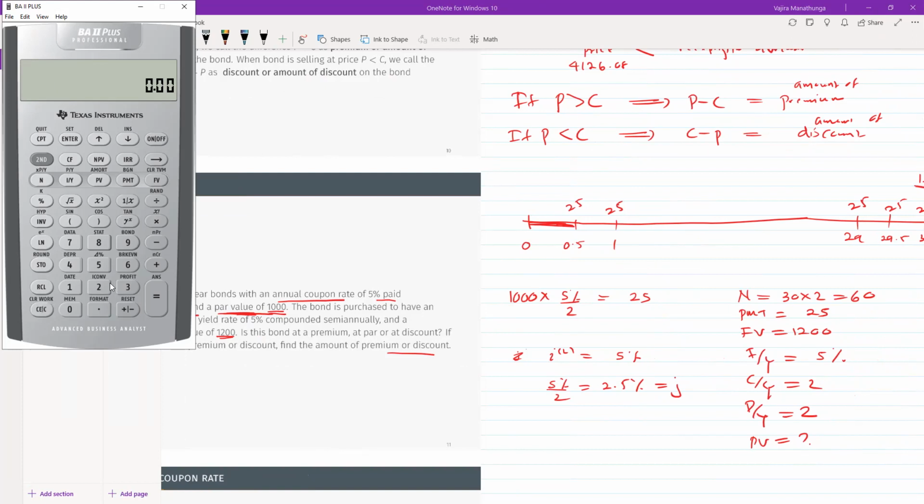So this one is 60 N, 25 for payment, 1,200 for future value, 5 for I/Y. Second, this one is 2.